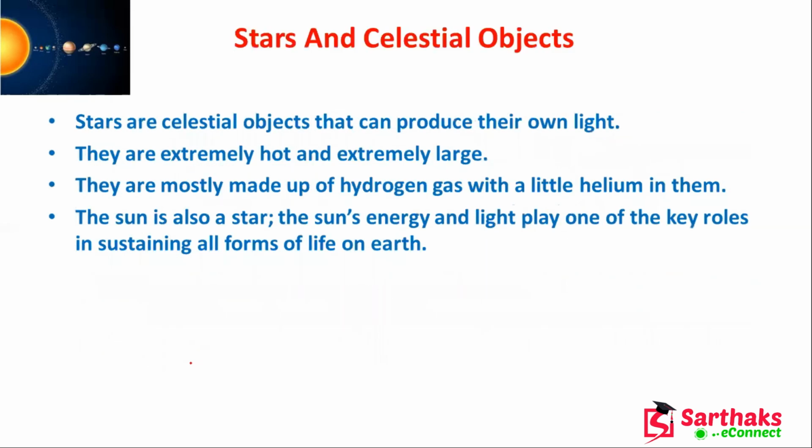Okay. Now, stars and celestial bodies. Stars are celestial objects that produce their own light, and they are extremely hot and extremely large. They are mostly made up of hydrogen gas and a little helium. And the sun is also a star.